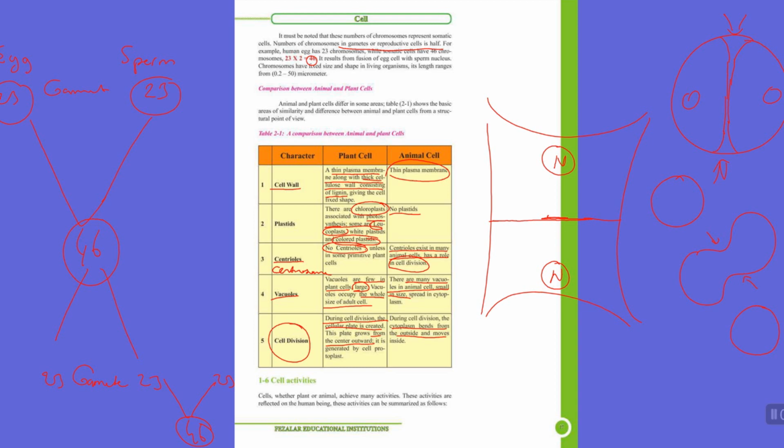A difference about division of cytoplasm in plant cell and animal cell.